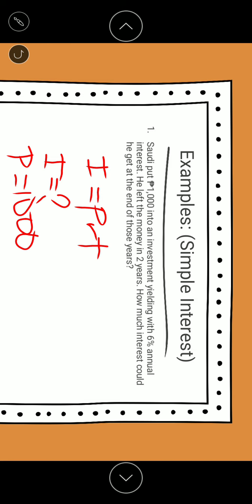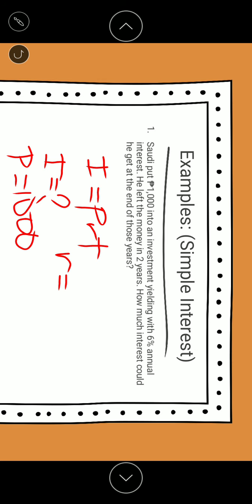To put it simply, to solve the interest, any percentage should be converted. So since ang interest rate na nabanggit sa problem is 6%, we need to convert it into decimal. So 6%, by converting, divide it by 100. So 6 divided by 100 is 0.06.